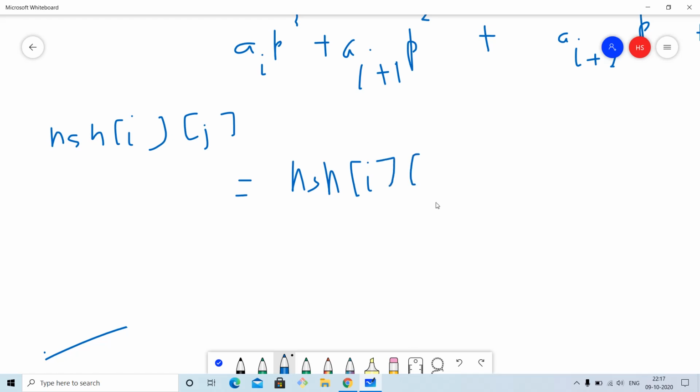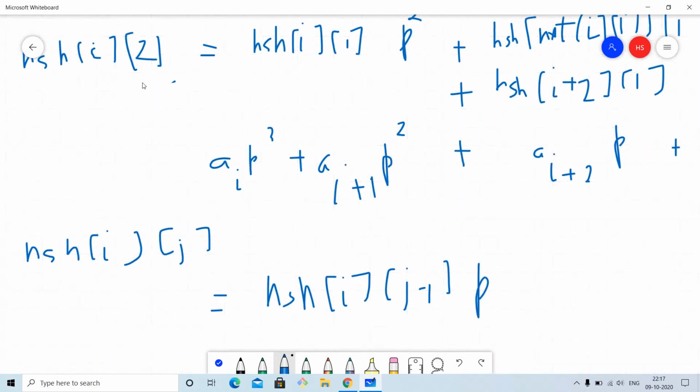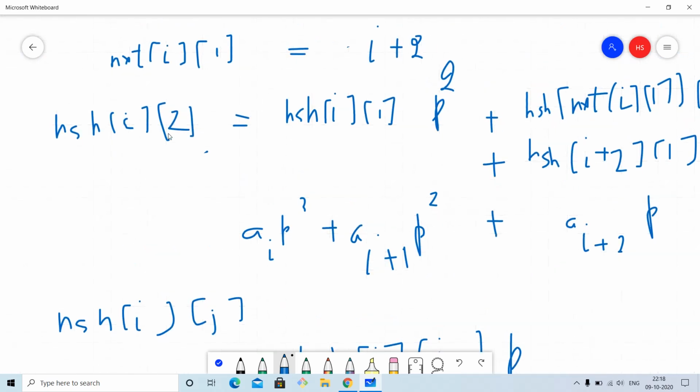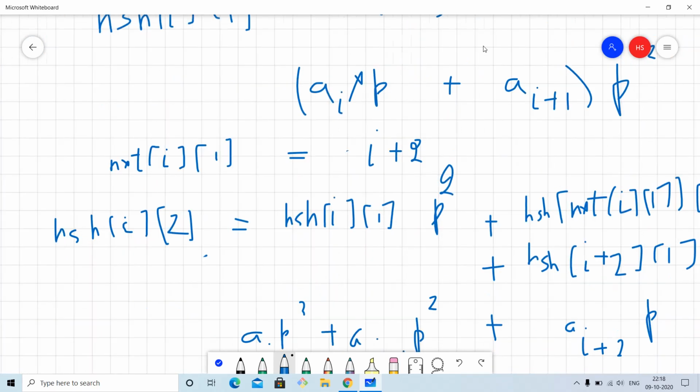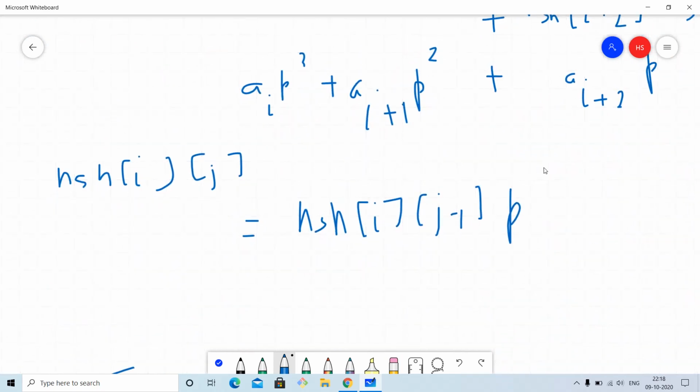So this is a half length, so we multiply this half length by a power of p. When the length was 2, we multiplied here by p square. When we have 1 here, then we have p1 here. So it actually is p raised to the power 2 to the power j minus 1.